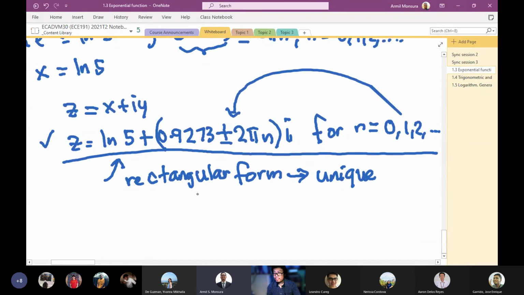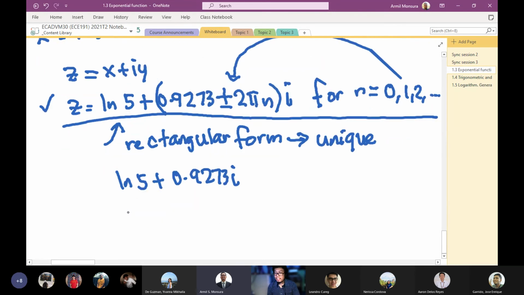For example, yung ln of 5 plus 0.9273 i is one possible answer. And so is ln of 5 plus 0.9273 plus 2 pi times i.